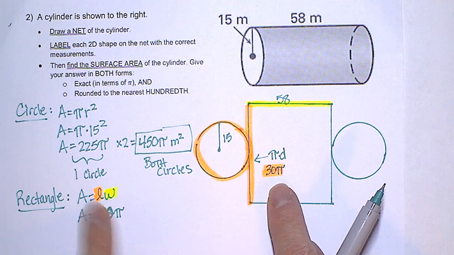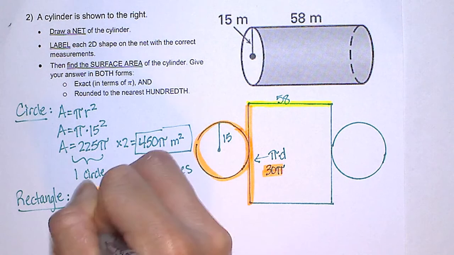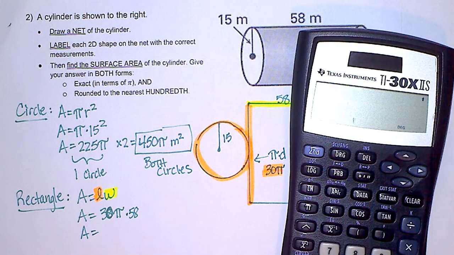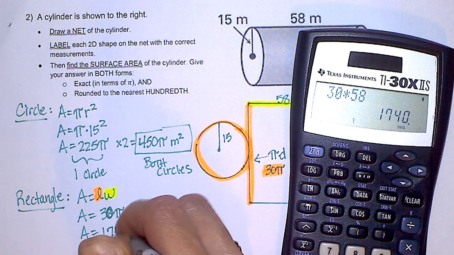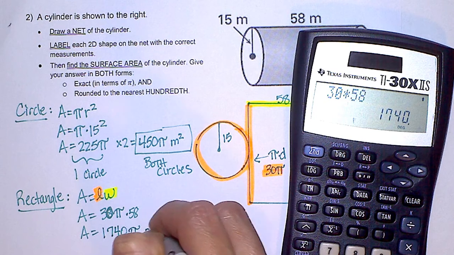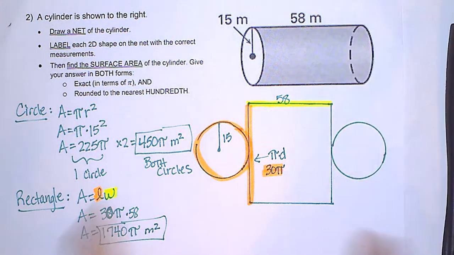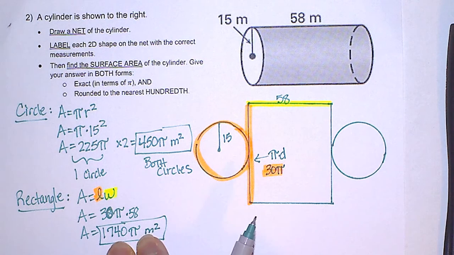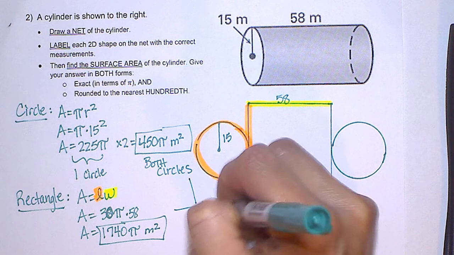We can go ahead and do the 30 times the 58, and the rectangle is 1,740 pi meters squared. So we found the area of both circles, we just found the area of the rectangle, and we're going to add these.